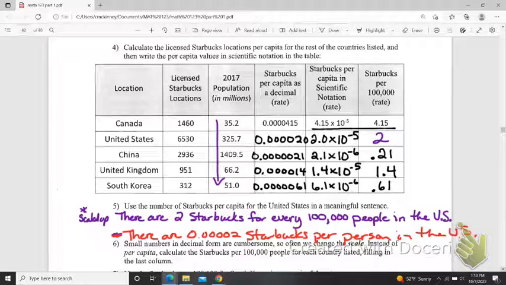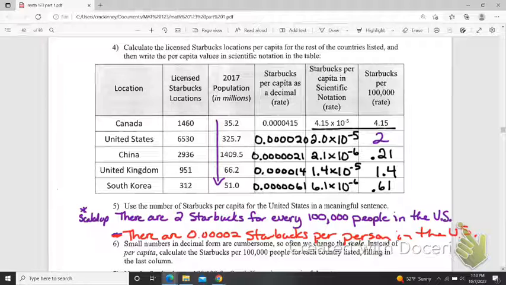So I wrote down there in red the version for the per capita number, that there are 200 thousandths of a Starbucks per person in the U.S., which would be much more meaningful to say there are 2 Starbucks for every 100,000 people in the U.S., which is very much how we wrote our meaningful sentences when we were comparing things per thousand before, when we had 3 decimal places and we compared per thousand.